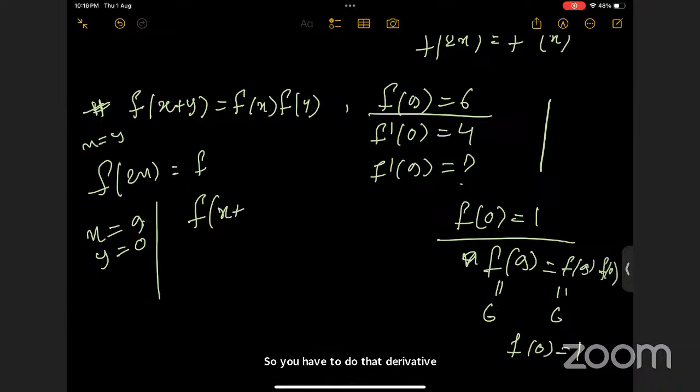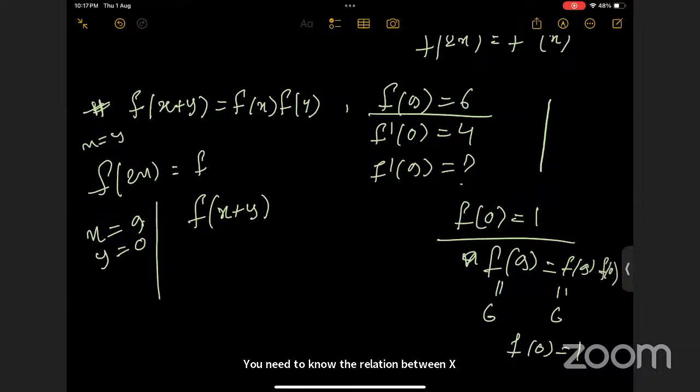There is nothing wrong. You can put any value of x, any value of y, it doesn't matter. You put both of them 0, you get f of 0 is 1. But to understand the behavior, the rate of change, f dash, you need to differentiate. To differentiate this function, you need to know the relation between x and y.